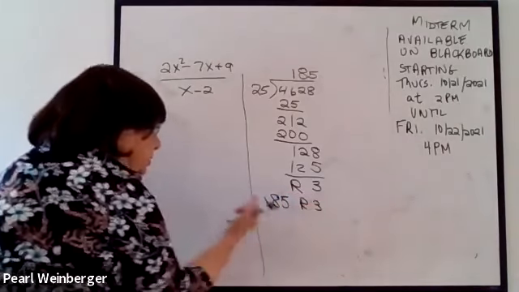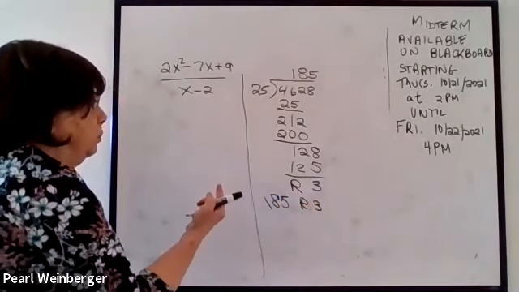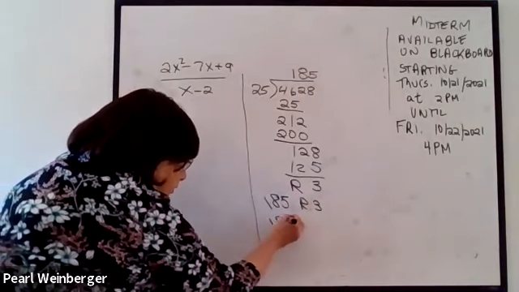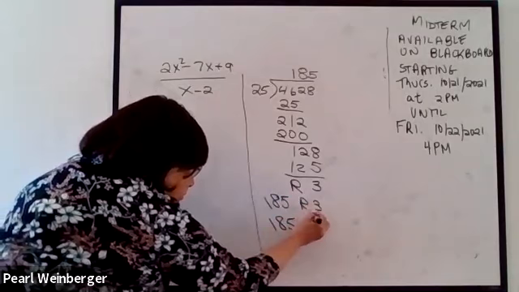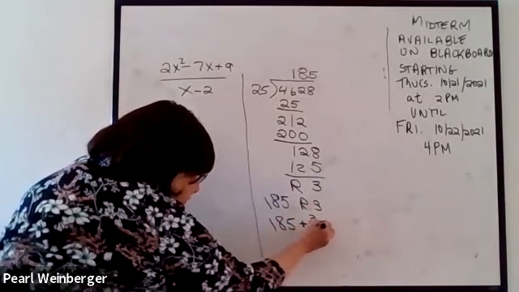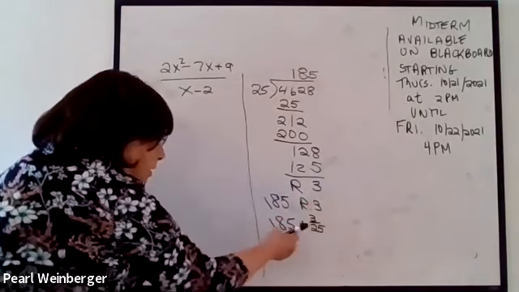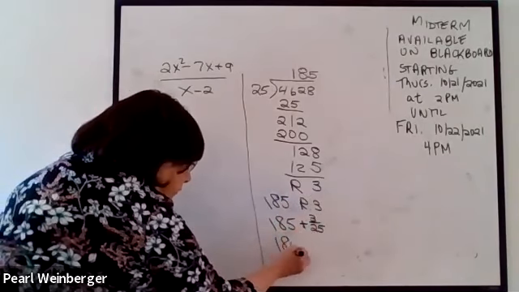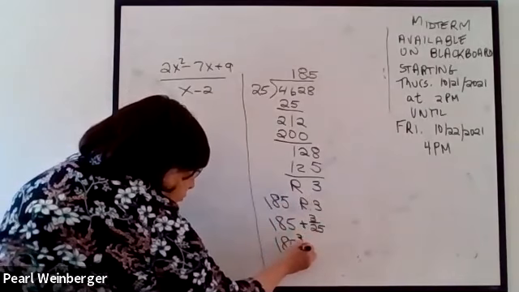What we usually do with the remainder is we put it over the divisor and we write it 185 plus 3 over 25. That's another way of writing it. When it's just regular numbers, you could just write it 185 and 3/25.